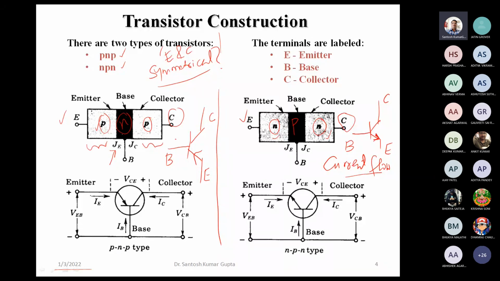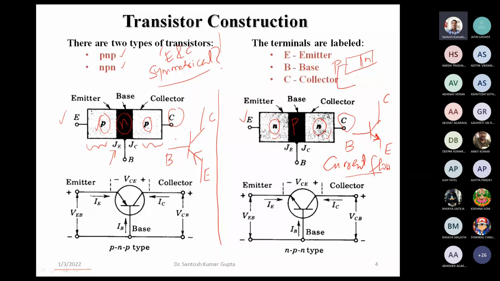So to make this device work, similar to the PN junction, we have to bias these junctions. These junctions are nothing but PN junctions.